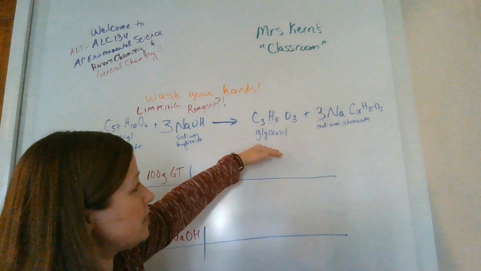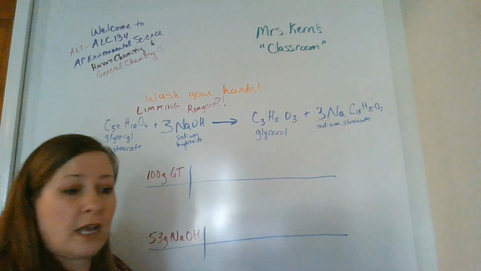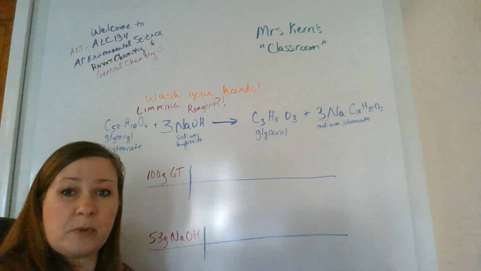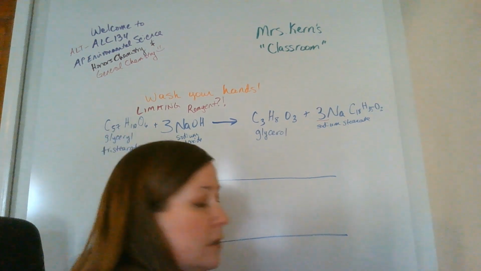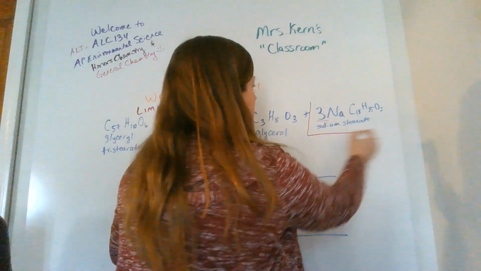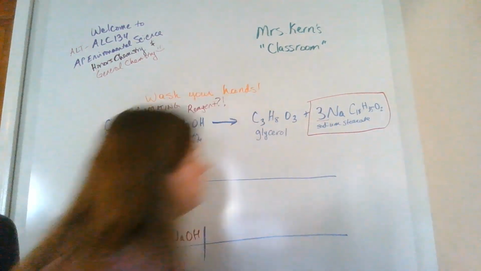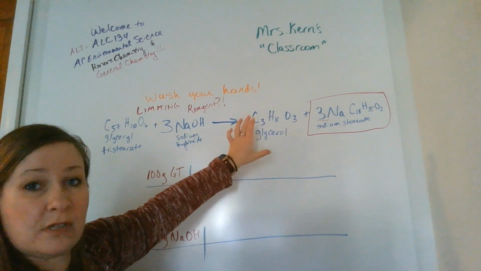So we could either do the glycerol or we could do the sodium stearate for our answer. And it doesn't matter as long as we match both of the answers so that they're really comparable. So I'm going to pick the sodium stearate. But again, you'd get the same answer if you use the glycerol.